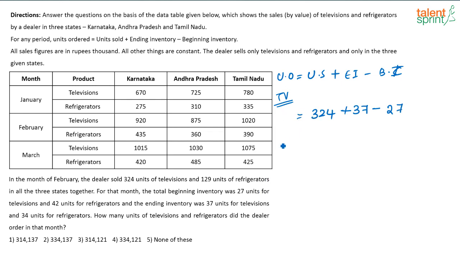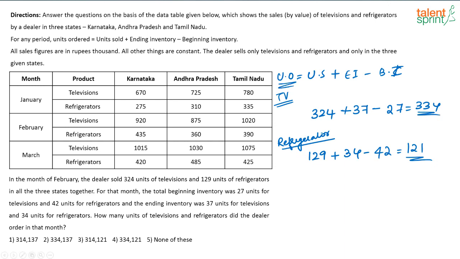Similarly for refrigerator, the total units sold was 129, the ending inventory was 34 and the beginning inventory was 42, correct? This is equal to 129 minus 8, that is 121, and this will be 334, correct? So units ordered in this case is 334, in this case is 121.